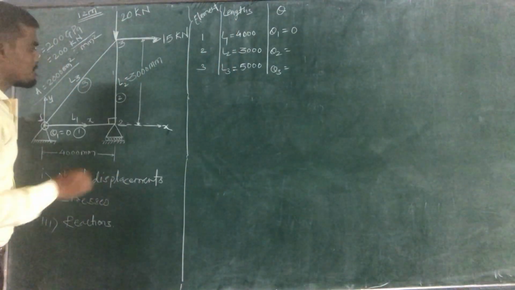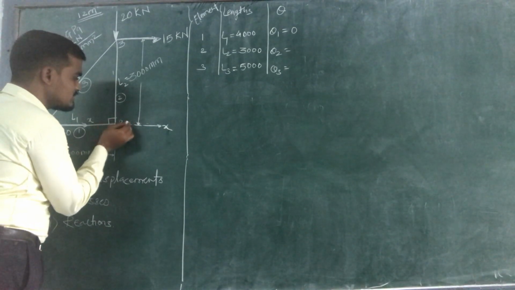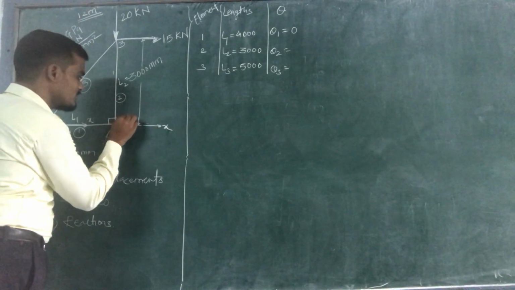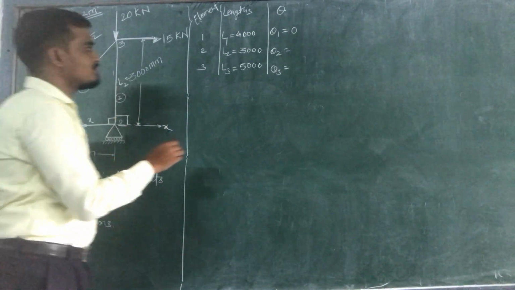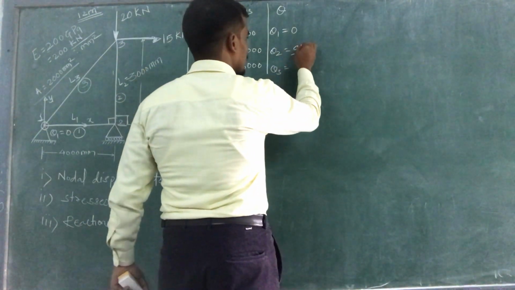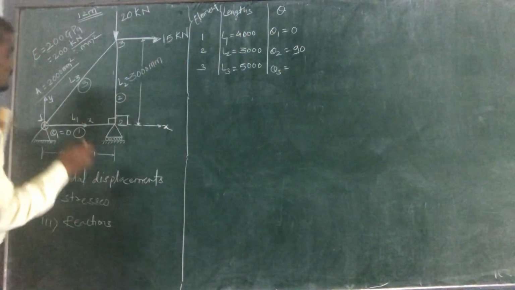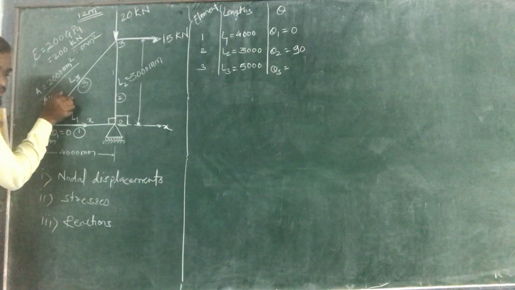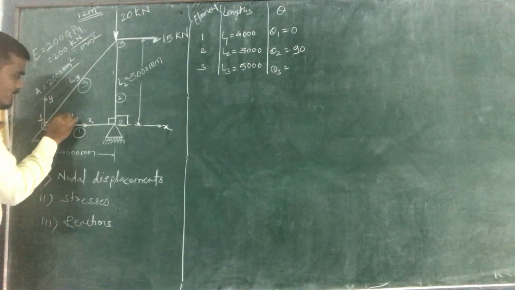Then theta 2 for this second element. The second element is inclined to this x axis at 90 degrees. So theta 2 will become 90 degrees. Okay. Now this third element, it is inclined to this x axis by what angle?